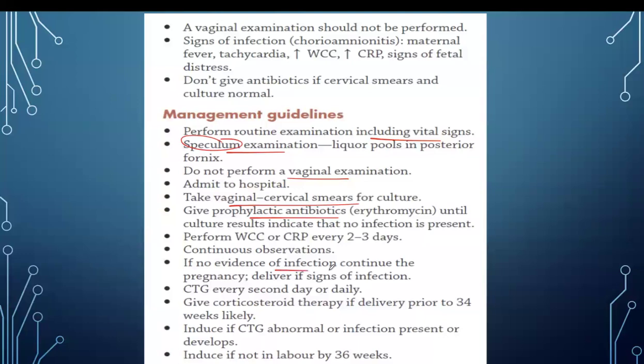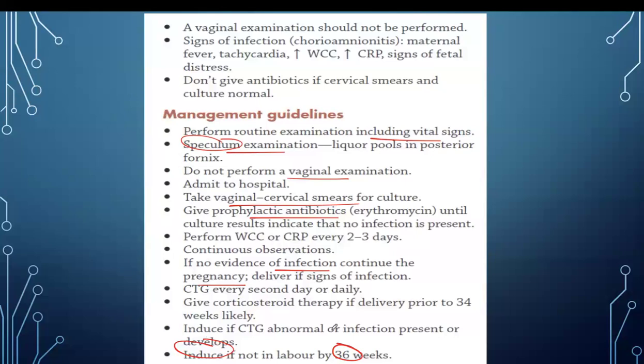If there is no evidence of infection, continue the pregnancy until term, or at least 36 weeks, not 37, because usually we don't like it to continue up to 37. So you check the CTG and ultrasound. If the mother and baby are fine and there is no sign of infection, then you continue the pregnancy until 36 weeks. And if the patient is not in labor by 36 weeks, you go for induction.